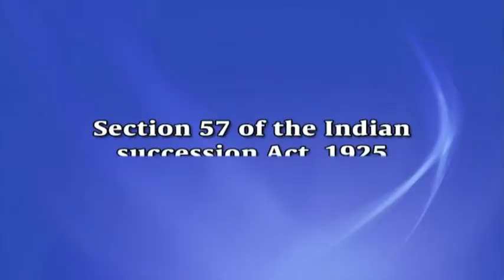Sixth essential is, not in contravention of any legal provision. The creator must dedicate his property in accordance with the relevant provision of law. For example, if any person intends to endow his property by his will, he must comply with the requirements of making a will as per Section 57 of the Indian Succession Act 1925.